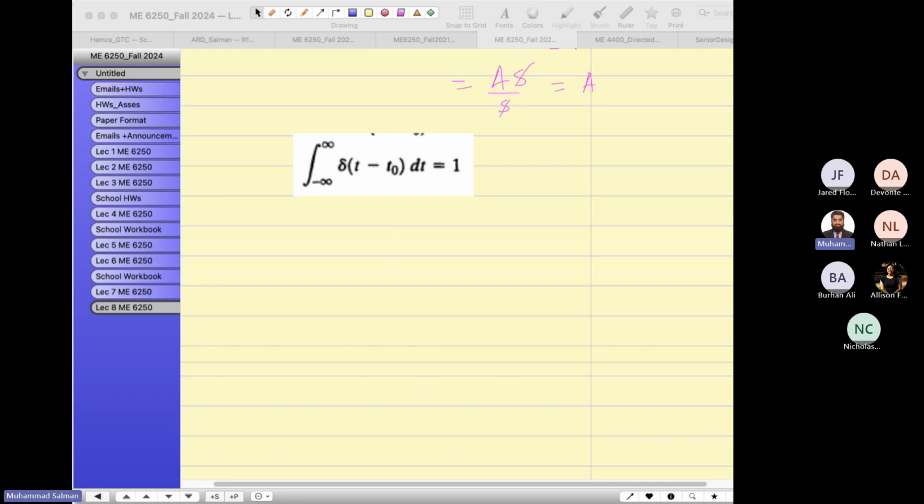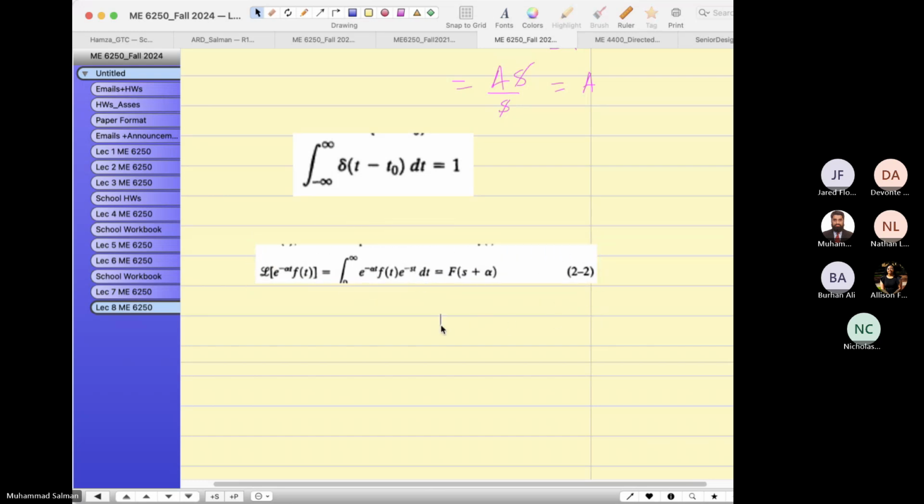Another property you can see is that if your function has been multiplied by the exponent e to the negative alpha t, you will take the Laplace transform and add that variable alpha.